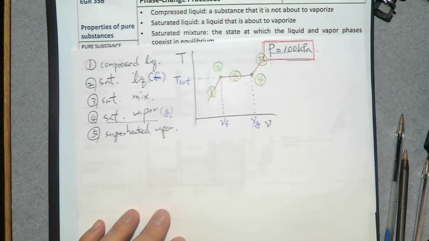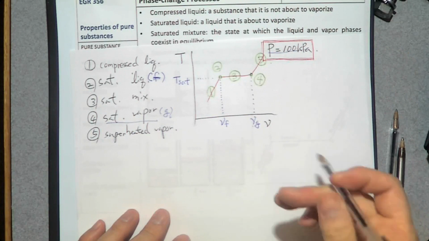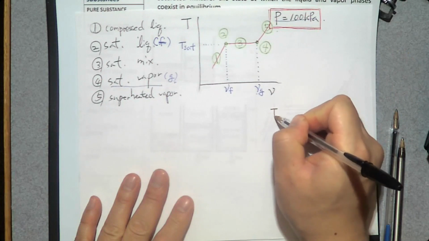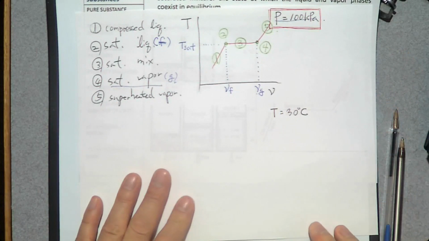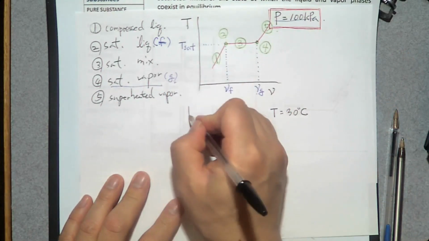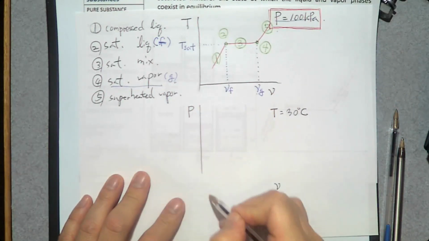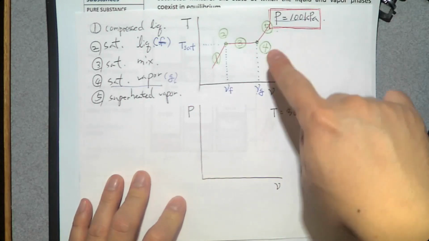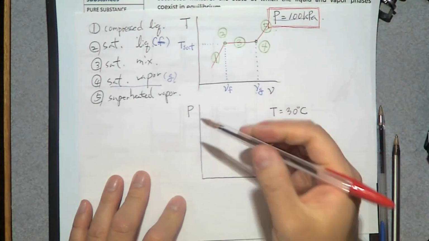If you do not know the pressure of your system, but you know the temperature of your system, you can make another property diagram. So let's say the temperature of your system is 30 degrees Celsius. Instead of TV, you can make a PV diagram. This PV diagram looks similar to the TV diagram, however, upside down.